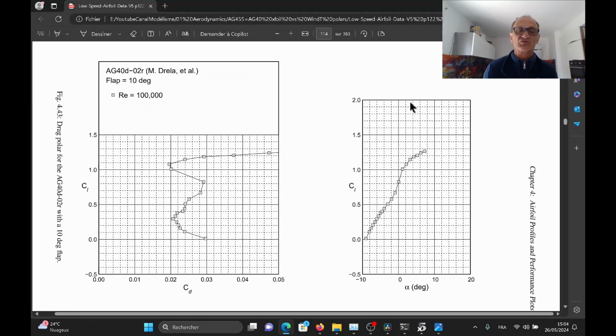The last graph I wanted to show you is this profile at 10 degrees of flap, 100,000 Reynolds. And you can see here that there is a large curve leading to less drag. So you could think, okay, I will set up the flap, get more than one of lift. The problem is just that to get this bucket, you need to find the right spot between 0 and 1 degree of incidence.